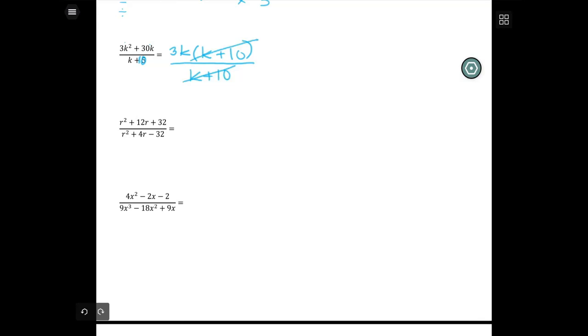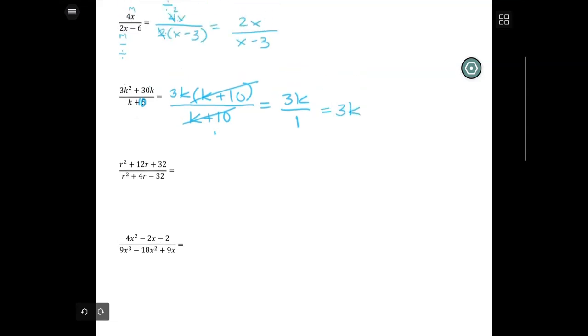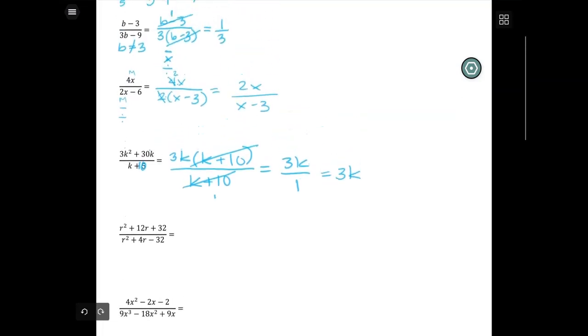And same thing here. Remember that what happens is not that k plus 10 is gone altogether. Really what happens is we're left with 3k over 1. The nice thing is just that writing the divided by 1 doesn't really change anything. It would change things drastically in this problem back here, a couple up.